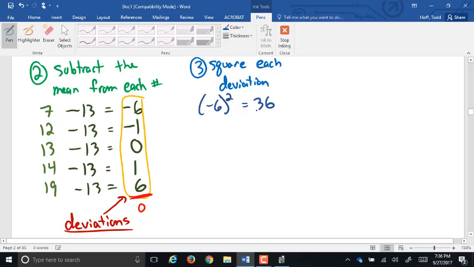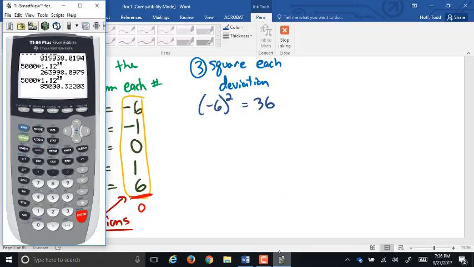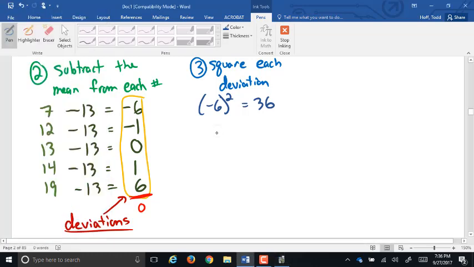Anybody? Okay, y'all remember to put the parentheses around it when you did the negative 6 squared? If you're not careful, if you just do negative 6 squared, your calculator may try to tell you that it's negative 36. You have to put parentheses around it when you do that. When you square a negative, there has to be parentheses. Any number squared should be positive. So don't let your calculator tell you it's negative.